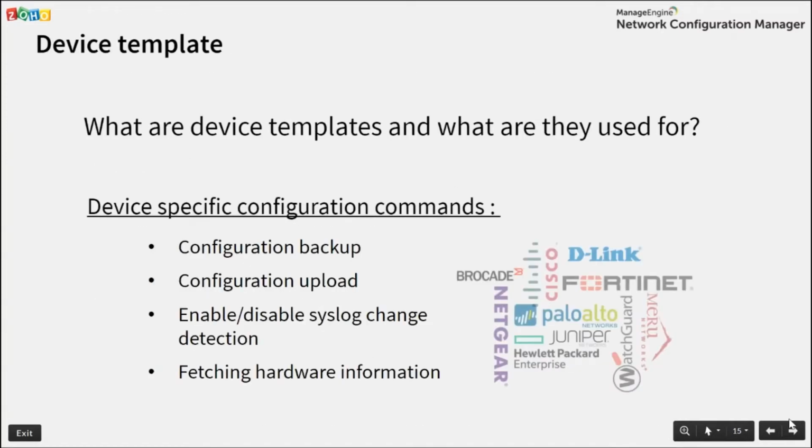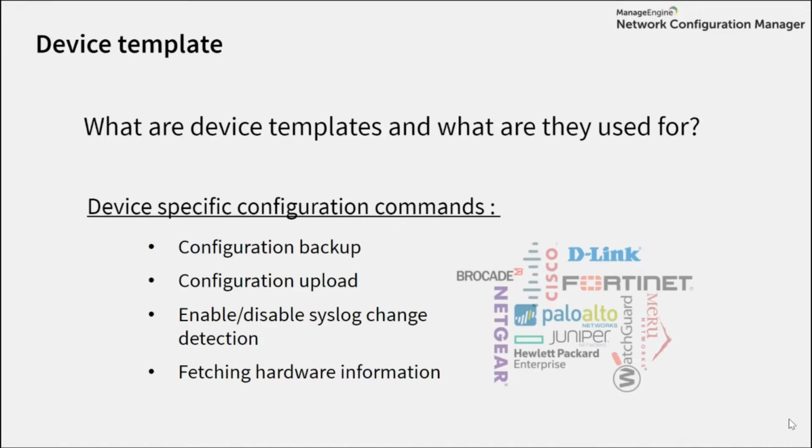Moving on to device templates. Device templates are merely a bunch of commands put together. These commands are configuration commands for very common operations like a configuration backup, a configuration upload, enabling the change log, change detection, or fetching hardware information.